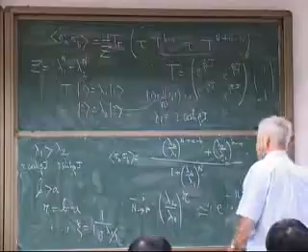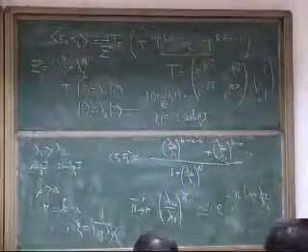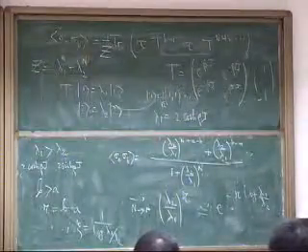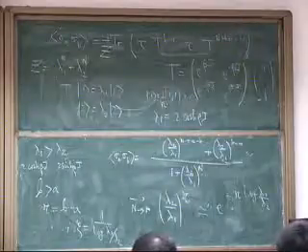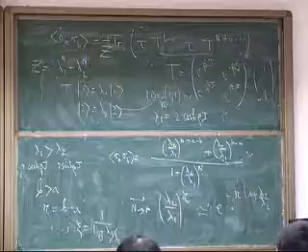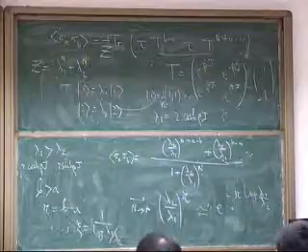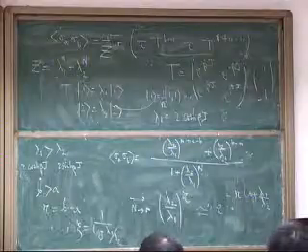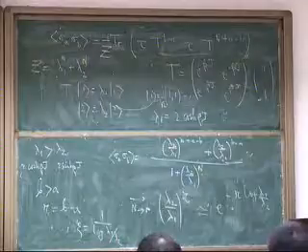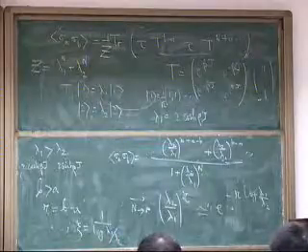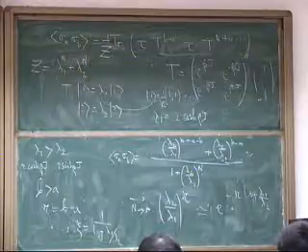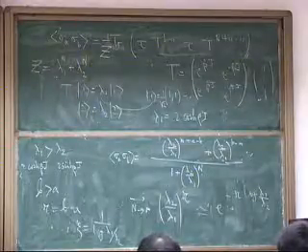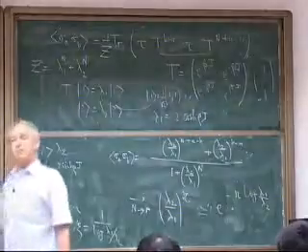Transfer matrix, at the end of the day, T, is a matrix which is k by k. We have considered up to now k equal to 2, 3, 4. We have discussed various examples.